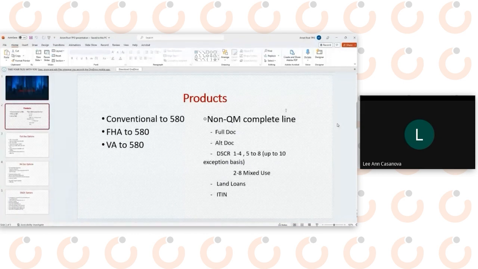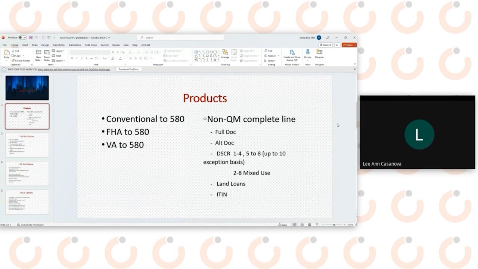So if something doesn't fit the box, you're always free to send it over and we can take a view of it. Conventional, we do go down to 580. FHA and VA, we also go down to 580. Now, a manual underwrite is permissible under FHA and VA, provided you've run it through AUS and you get a refer. Okay, so just a quick overview on that.